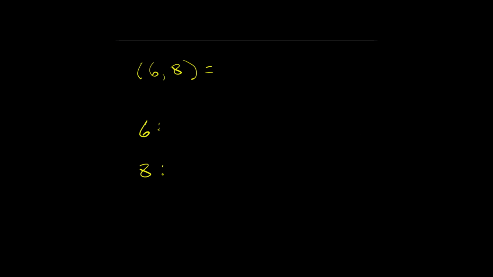Same way, we're just going to list the first 5 and see if that's good enough. So we'll do 6, 12, 18, 24, and 30. And then we'll do the same thing for the 8s. 8, 16, 24, 32, and 40.